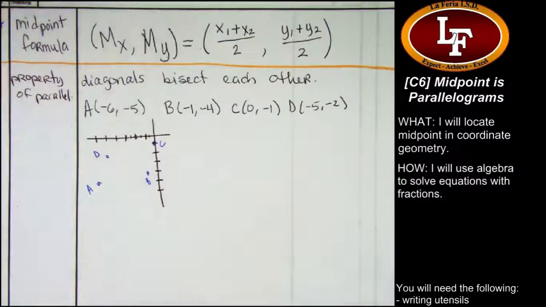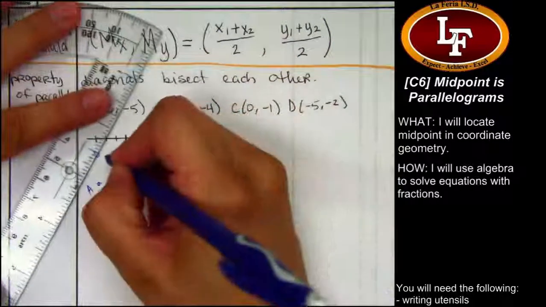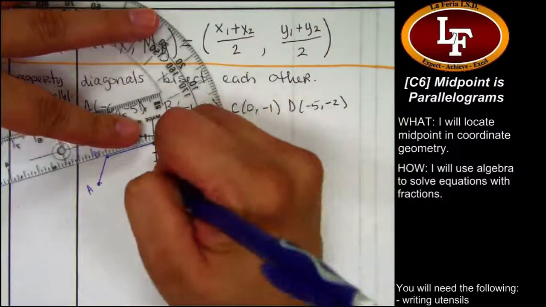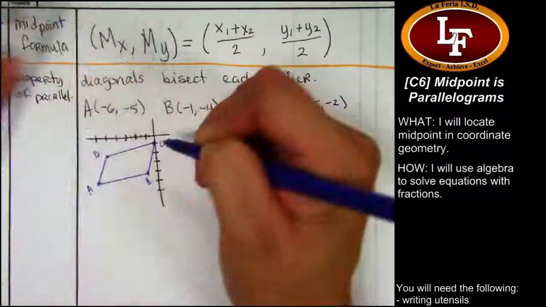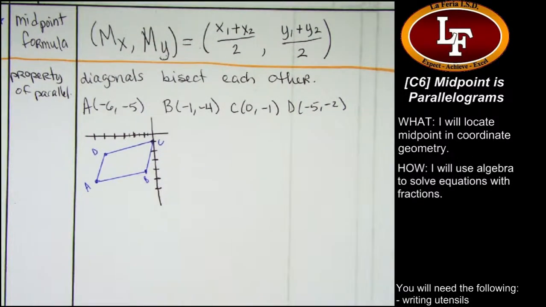Okay, and then I'm going to use my straight edge so I can get some good clean lines. All right, now because I didn't draw this on graph paper, it's probably not to scale. And looking at it, it doesn't really look like a parallelogram. But remember, this is a quick sketch and our eyes could deceive us. We have to confirm this.